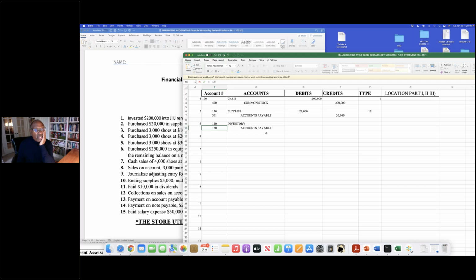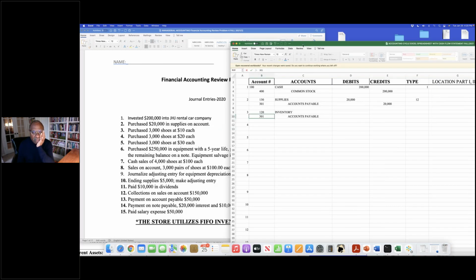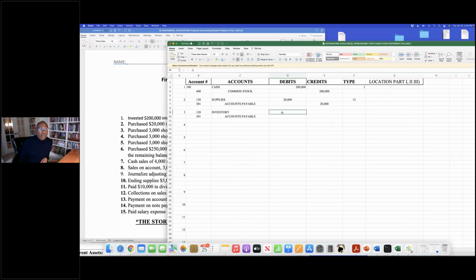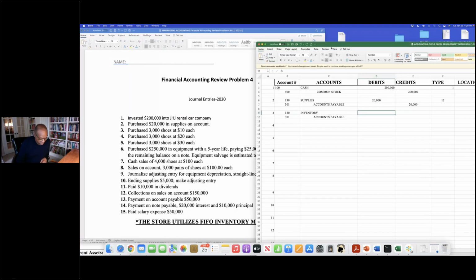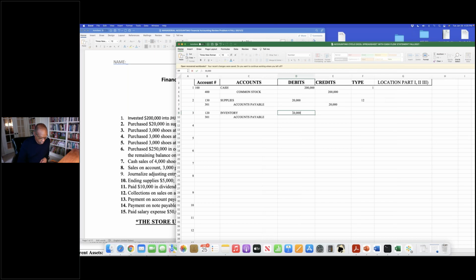So if we purchase 3,000 pairs of shoes at $10 each, how much is that? 30,000. What's our type again? It's going to be a 12, purchase on account.